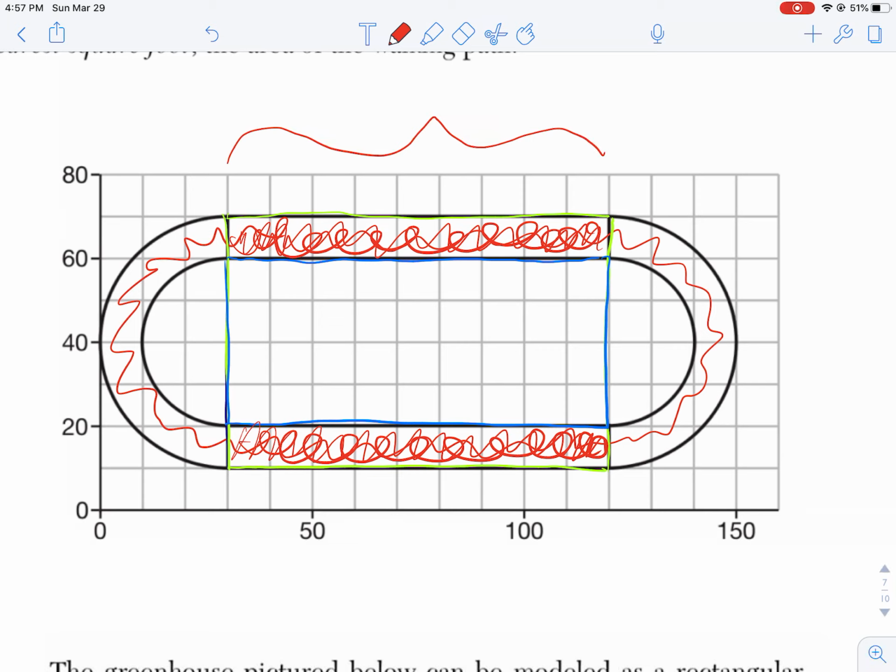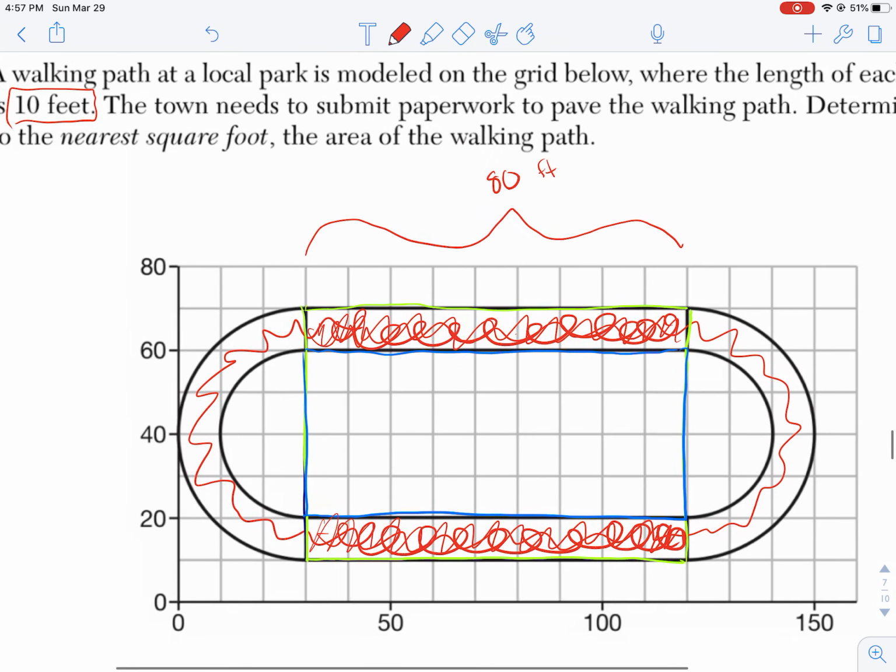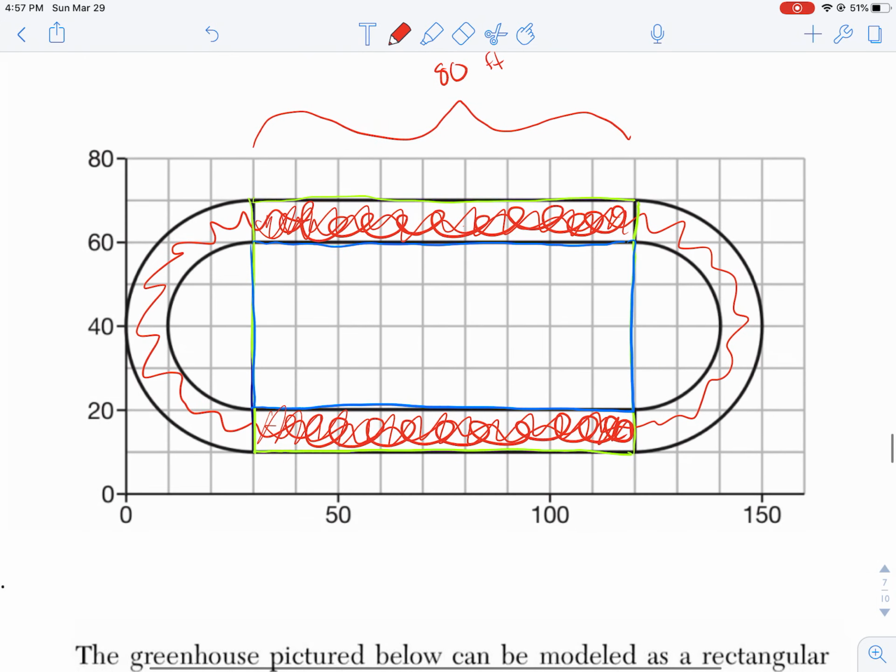Okay? So, let's take a look. So this length is 1, 2, 3, 4, 5, 6, 7, 80 feet. Okay, because don't forget that each length is 10 feet. All right? And so then this length, 1, 2, 3, 4, 5, 60 feet. Okay?